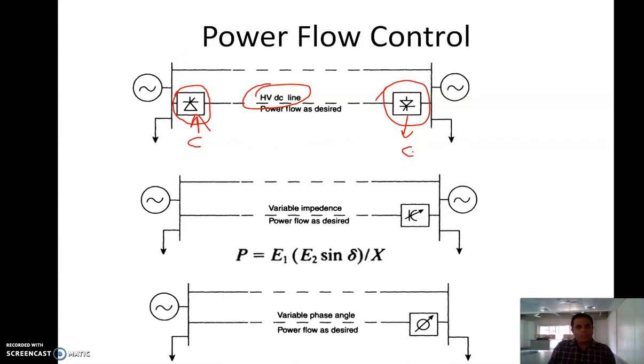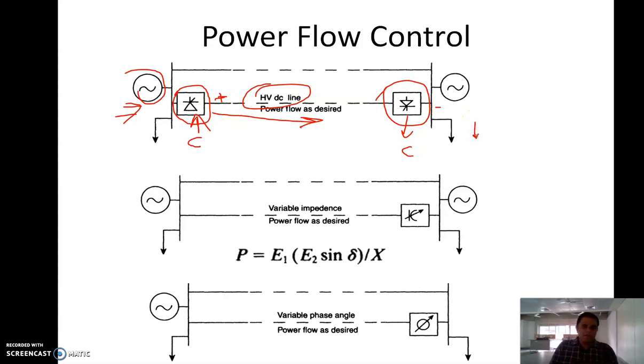So what they do is they will convert the AC which is coming at one end into a DC. So the AC which is coming at this point will be converted to DC at this point, and then the power will be transmitted in the DC form over the long distance. Again, the DC power will be converted back to AC and it will be given to the load at the other end.